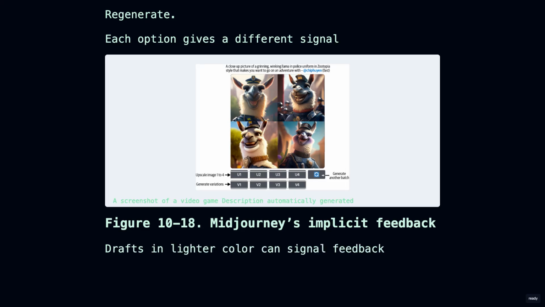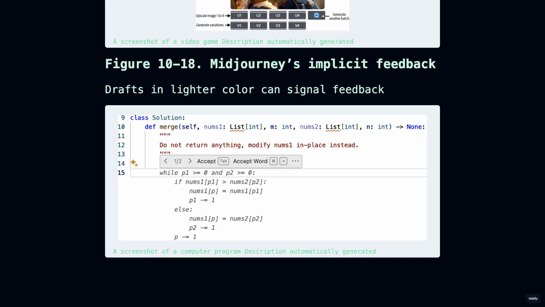Code assistants often make suggestions visually distinct from typed text, so accepting or ignoring them becomes a form of feedback. Even a key press can tell the system a lot about whether the suggestion was useful. Notice the lighter suggestion styling.